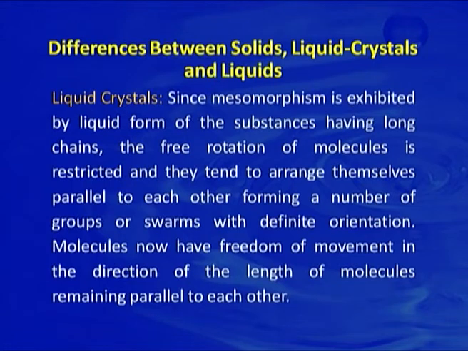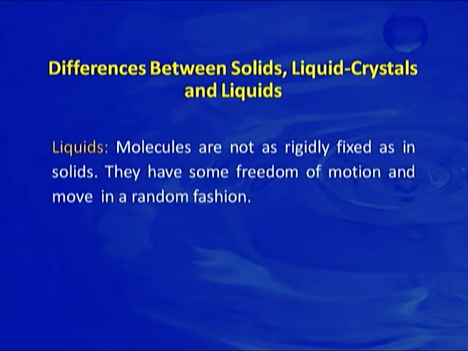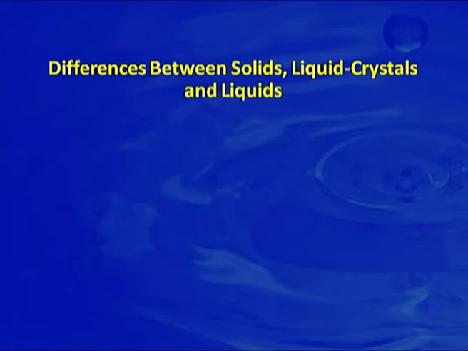Molecules now have freedom of movement in the direction of their length, remaining parallel to each other. While in liquids, molecules are not as rigidly fixed as in solids. They have some freedom of motion and move in a random fashion.